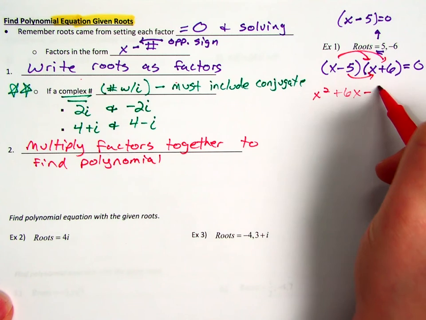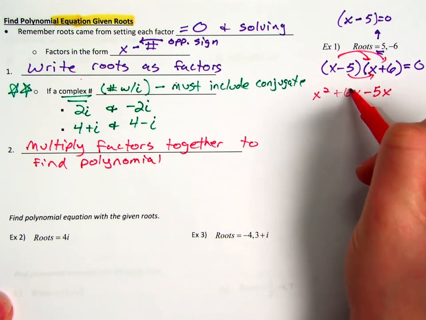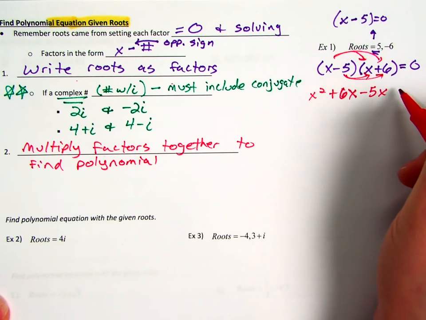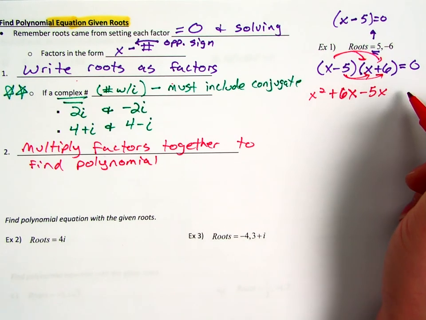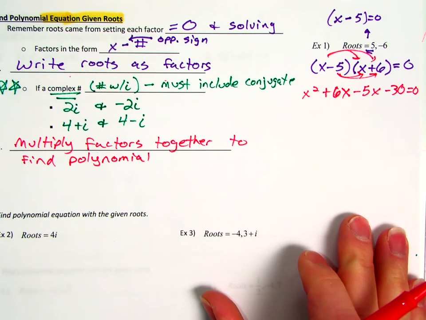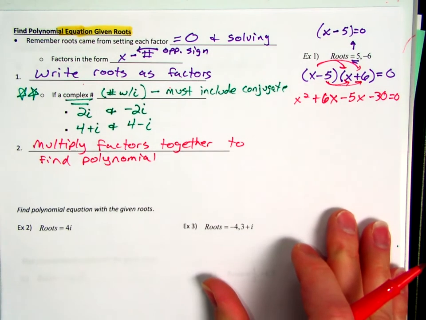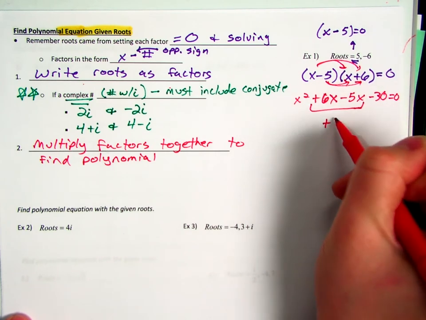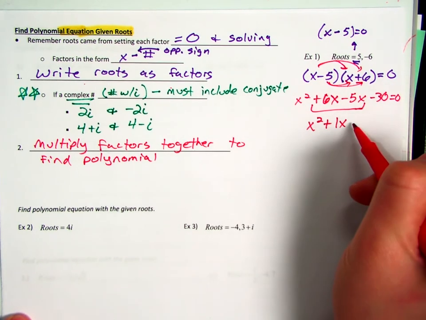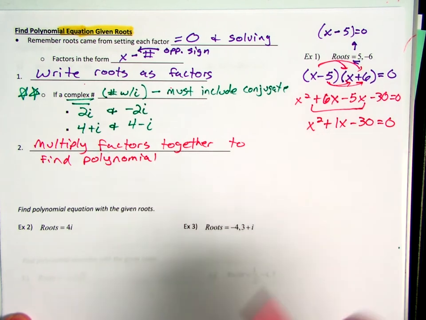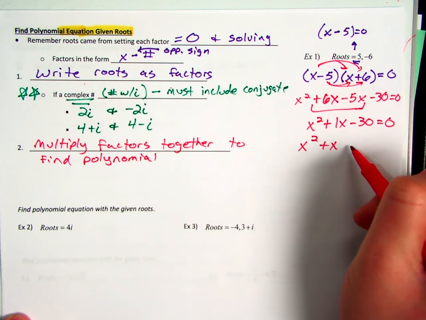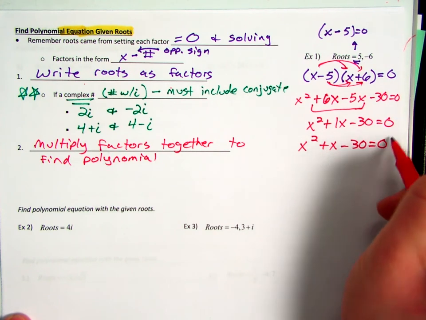Negative 5 times x is negative 5x. Negative 5 times positive 6 is negative 30, equals 0. Then we combine our like terms. Positive 6x minus 5x is a positive 1x. We still have our x squared out front and the negative 30 in the back, equals 0. Normally we wouldn't write the coefficient of 1, so my final answer is x squared plus x minus 30 equals 0.